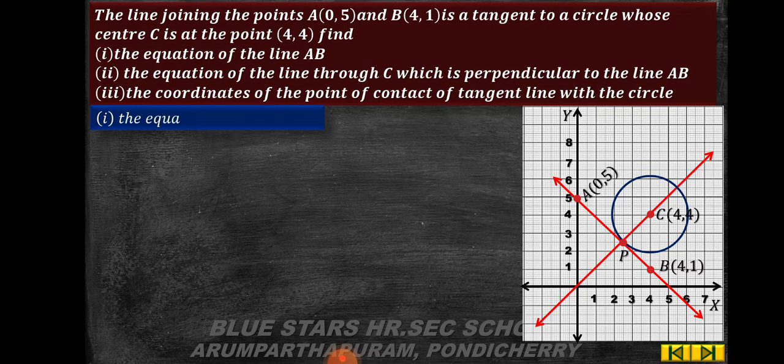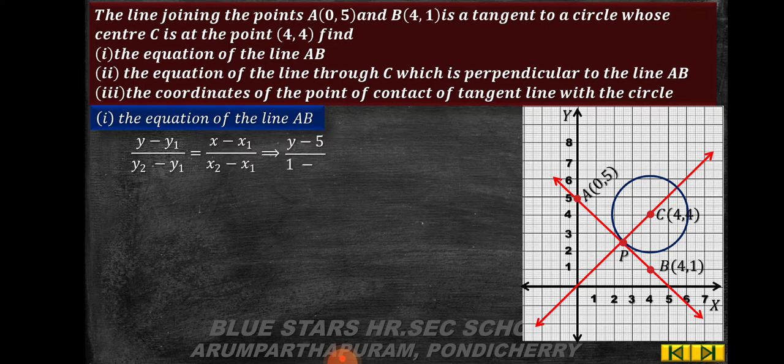First we are going to find the equation of the line AB. So you know two points A and B are given in the question. So you just write the formula. y minus y1 divided by y2 minus y1 is equal to x minus x1 divided by x2 minus x1. So y1 value is 5. So y minus 5 divided by y2 value, 1 minus 5, is equal to x minus x1 value, 0, divided by x2 value, 4 minus 0.